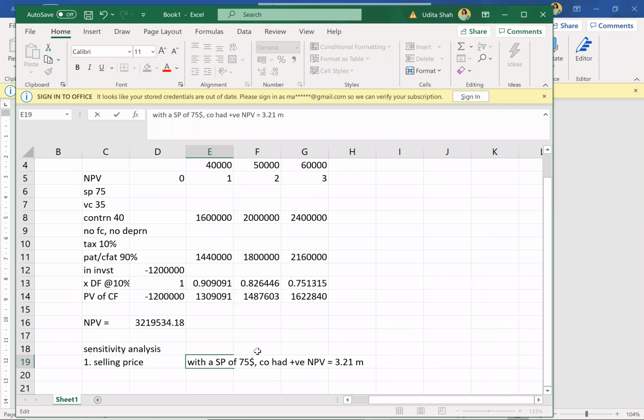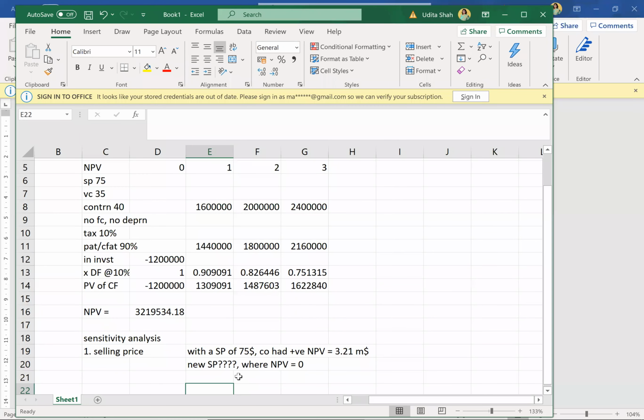So what should be the new selling price? The one where NPV equals 0, because once NPV becomes 0, I am going to reject the project.